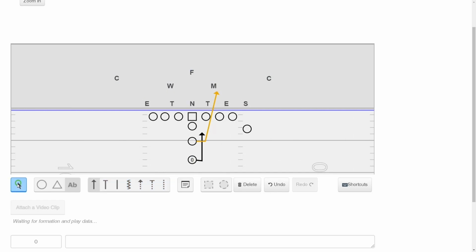Okay? Fair enough. Quarterback needs to either reverse out and come back through here or straight handoff, whatever. This takes time. It's not instantaneous. And the quarterback has to take multiple steps to get the ball back to the running back.